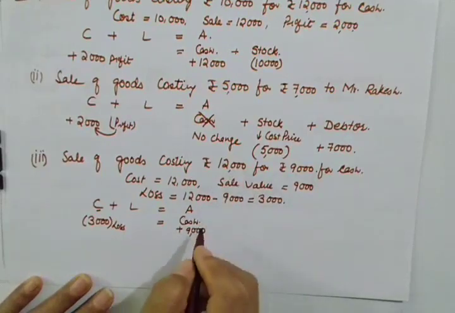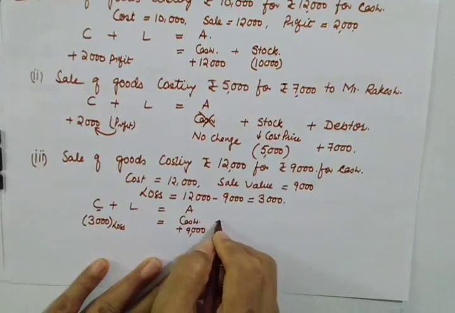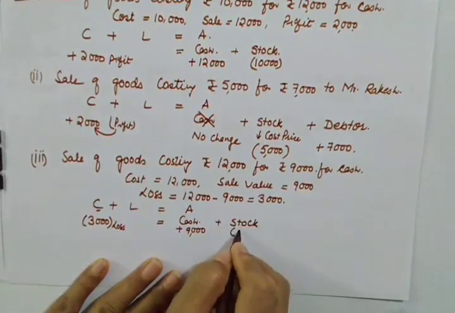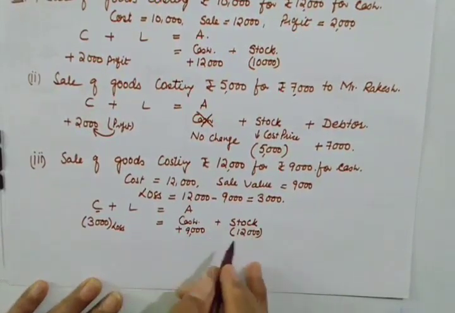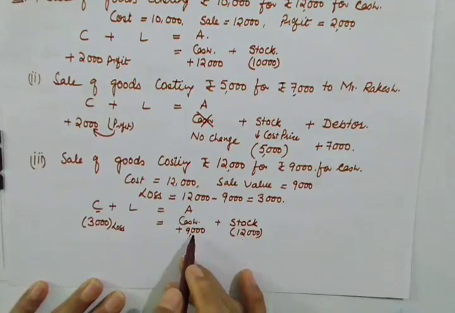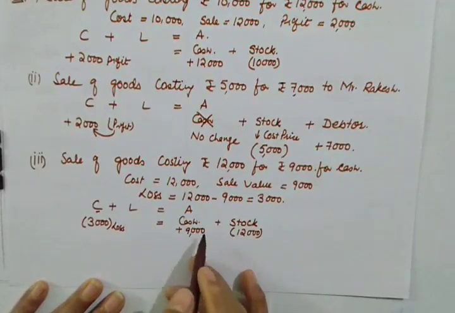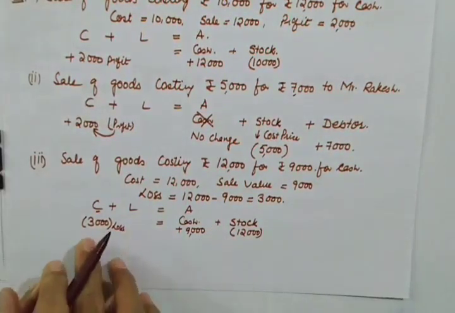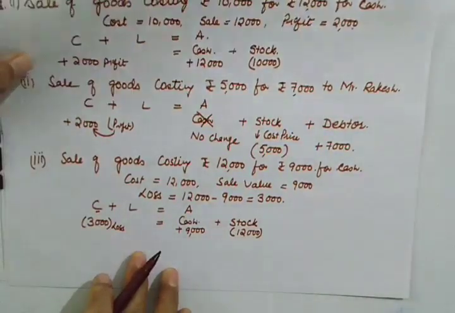No, cash will increase by 9,000, and your stock will reduce by 12,000. So what is the final impact? 12,000 minus 9,000, so ultimately 3,000 is reduced on the right hand side and 3,000 is reduced on the left hand side. So I hope this is also clear to you.